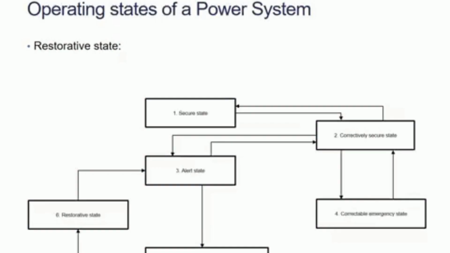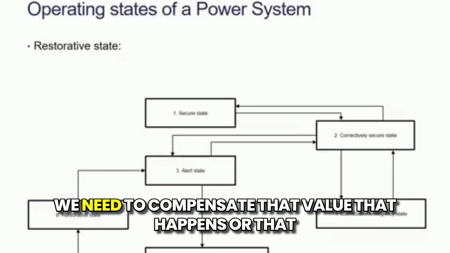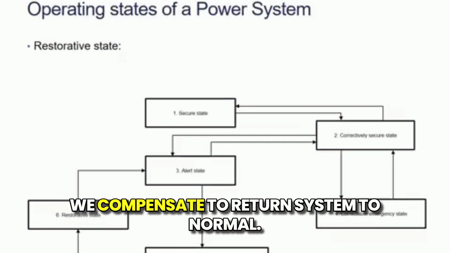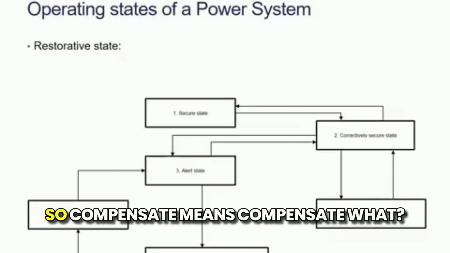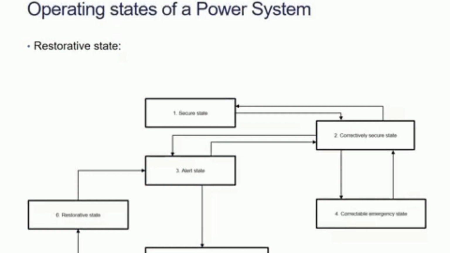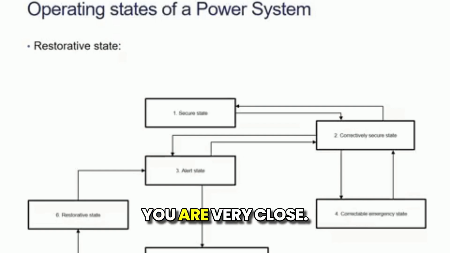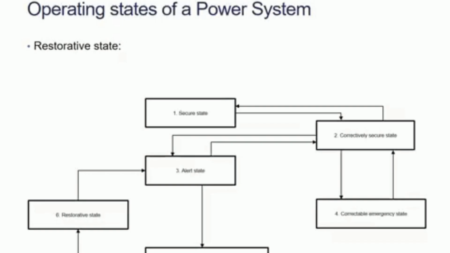Okay. The restorative state is related to compensating for what happened, to return the system to the normal state. So compensate means compensate what? Voltage or amperes, it depends on what. No, not exactly. You are very close, but compensate what?